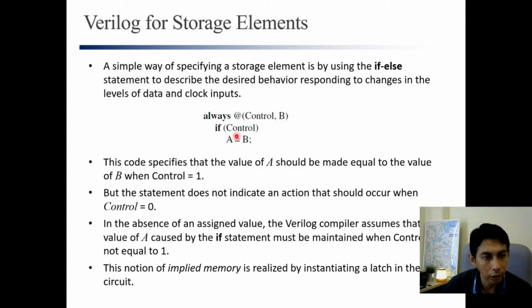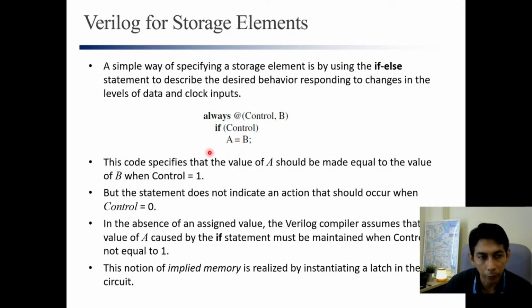So if control equals 1, A equals B. But here you see if you have an if, as we learned in the previous chapter, you need to specify the else, because if control equals 1, the output should be this. But what if the control equals 0? So you need to specify.